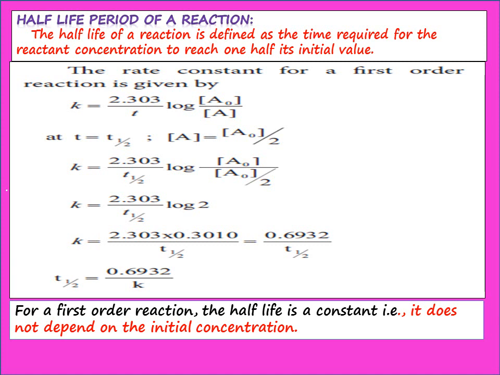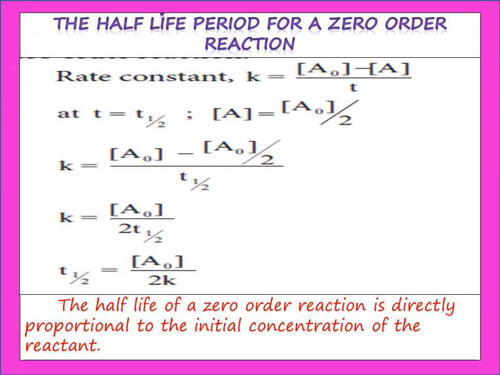If you see this equation, t half is equal to 0.6932 by K, there is no concentration term. That means the first order half-life period is independent of initial concentration. What is the half-life period of a reaction? The time taken to complete 50% of the reaction is called the half-life period. For a first order reaction, the half-life period is independent of initial concentration.